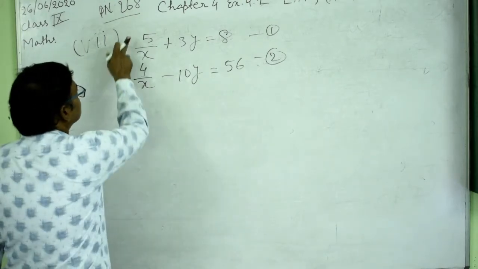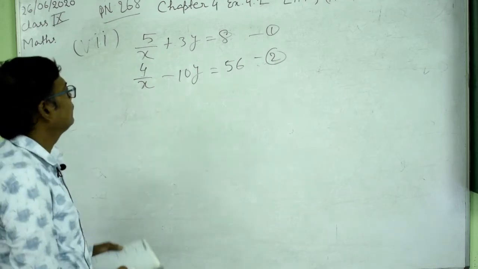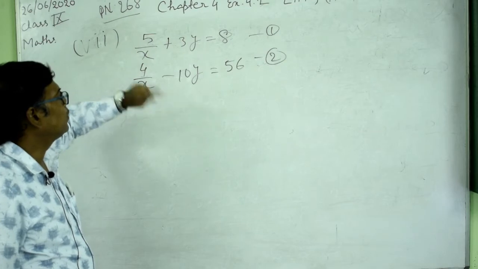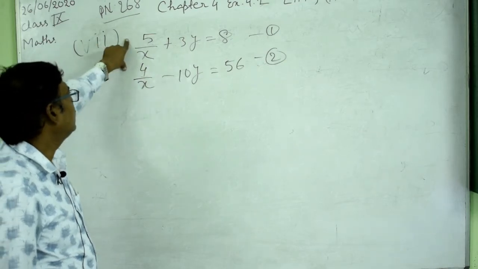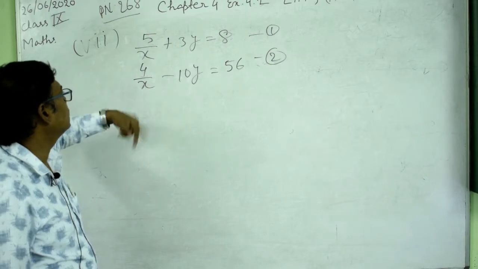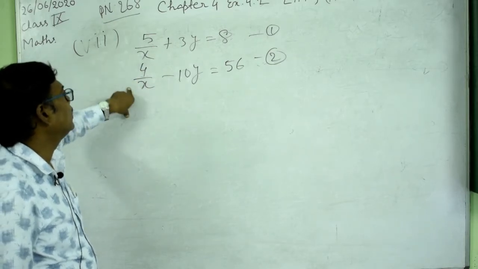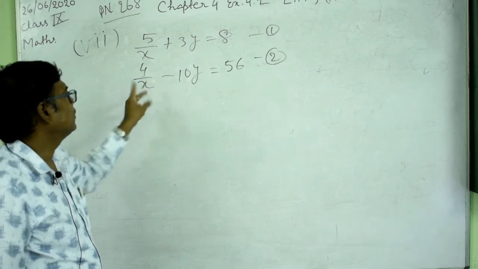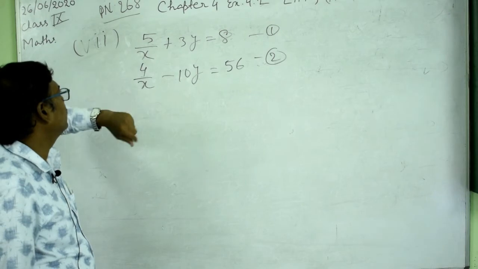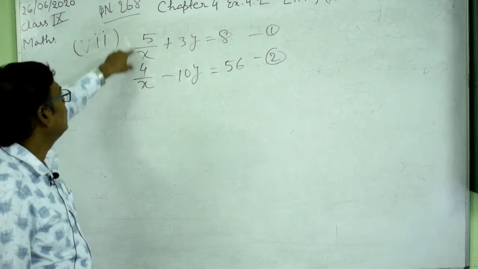Now you see it is 5 by x and 4 by x, okay, and in the two previous questions I made the coefficients of y equal, okay. Now let us make the coefficients of x equal in this case, okay. We can make y also, but here I am making the coefficients of x equal. Here in this case actually not x, here it is 1 by x.